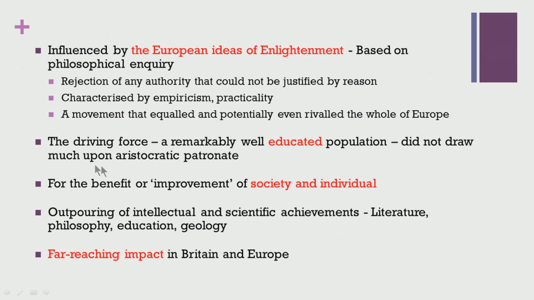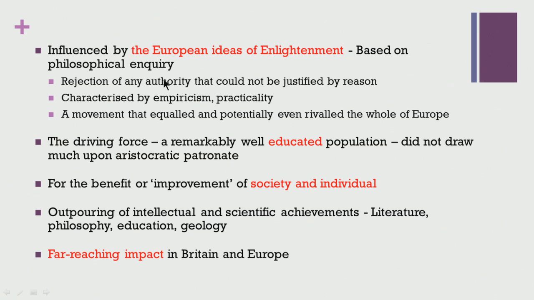So it's also important to analyze in what ways the Scottish Enlightenment influenced the rest of Europe, and also in what way the European ideals continued to shape the ways in which the Scottish Enlightenment was getting built up.